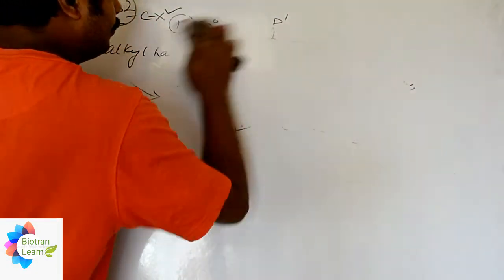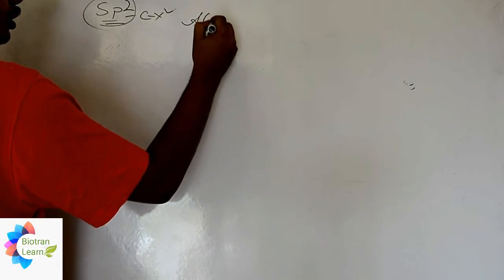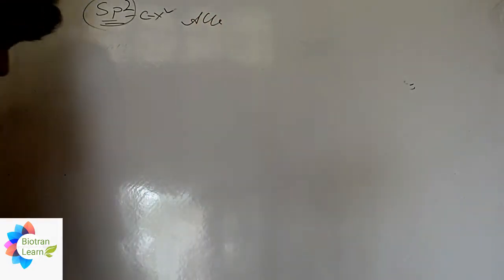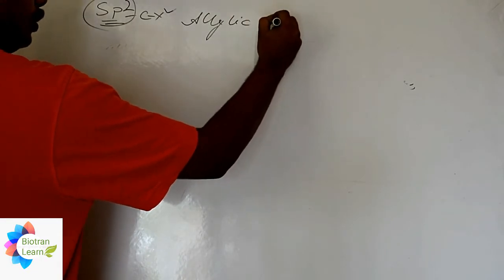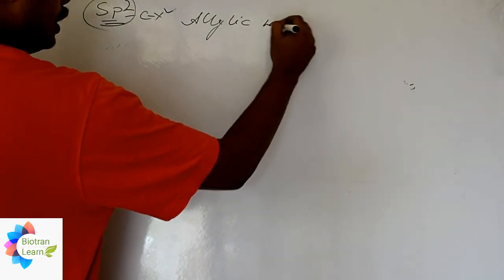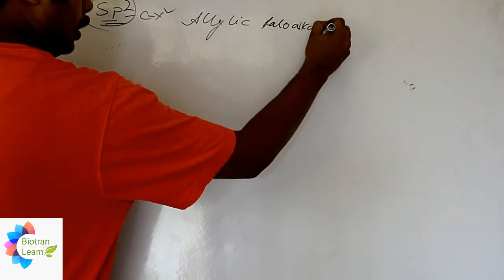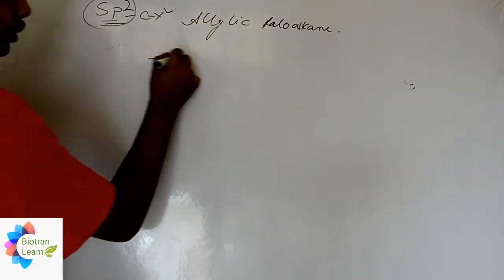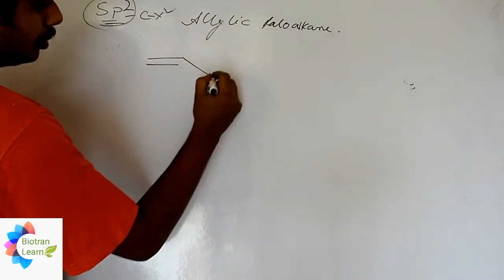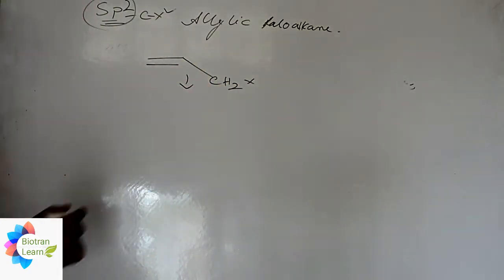Now if there is one allylic hydrocarbon, an allylic haloalkane, it will form a different kind of structure, but suppose this one, CH2X, what would happen if we go for the in-detail structure?